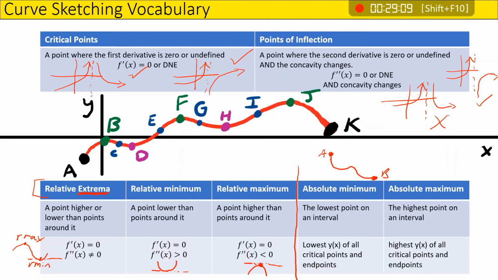Any questions on any vocab? Okay, Junho, can you tell me what all of the green points are? Relative maximum. Perfect. Oliver, what are all the blue points?